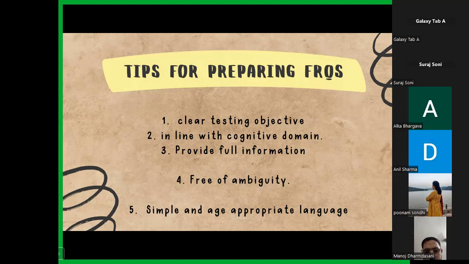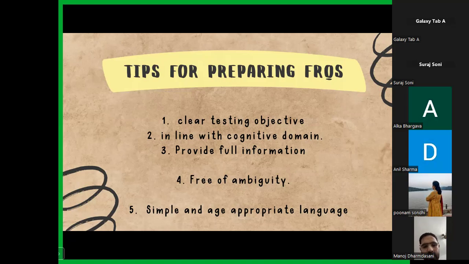Because if you are having only one testing objective every time, you will automatically get to know that the question paper is going on the same line, right? So when you write the testing objective, you will identify whether the questions are coming from different domains or are of the same kind. That we have to understand.